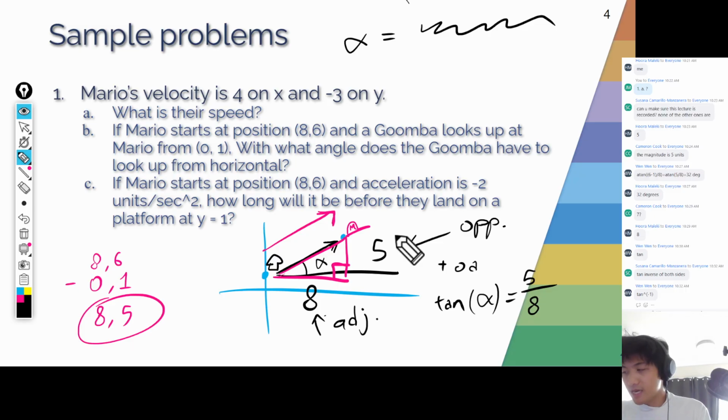So we could take the inverse function. Yes, whatever we're going to do with an equation, we're going to do it on both sides. So here's what we're going to do. We're going to do tan inverse. And then we're going to end up with alpha equals tan inverse of 5 over 8.